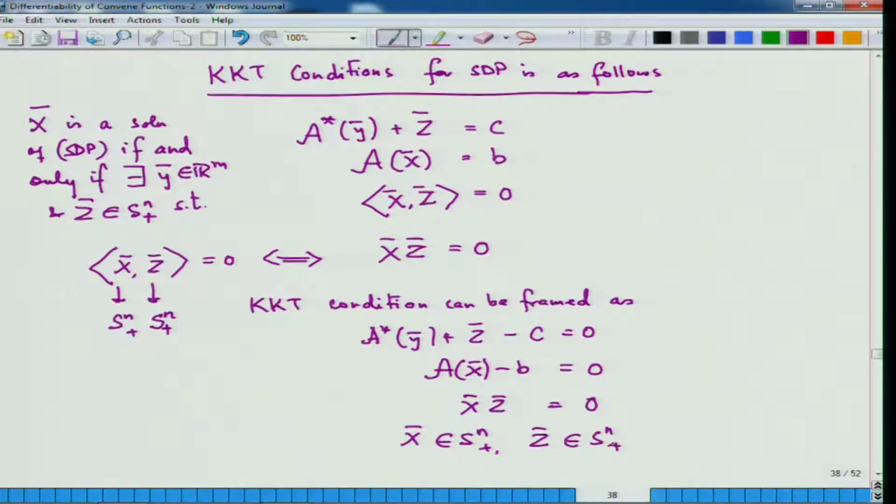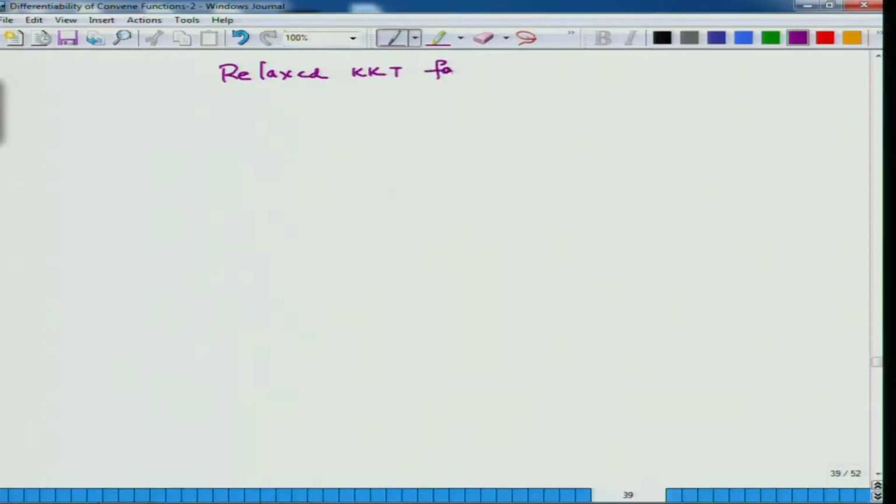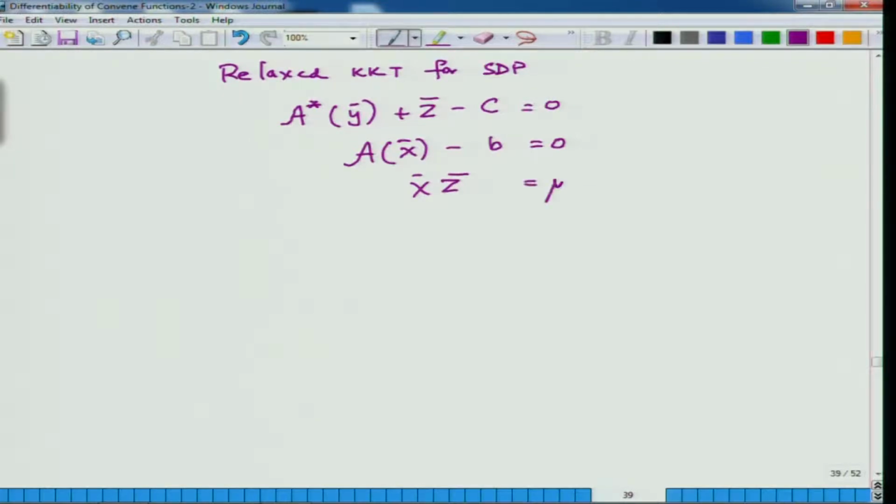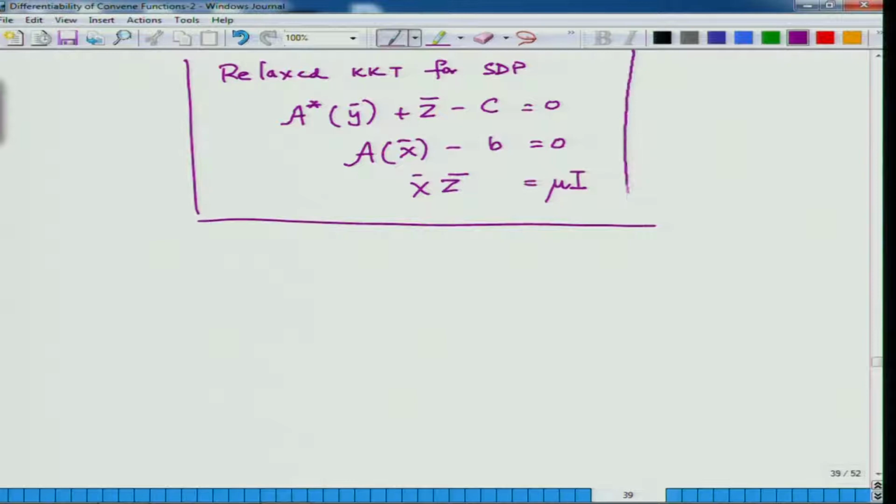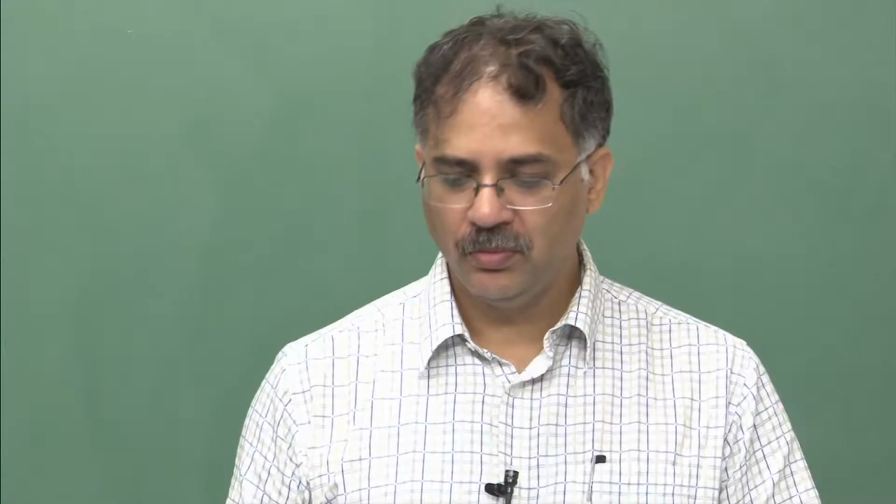So, when you want to develop the interior point methods, the relaxed KKT condition that you use takes a form like this: instead of 0 you put some mu into I. So, this is the relaxed KKT condition for the SDP problem, and trying to develop a Newton method for this can lead to interior point methods for SDP.